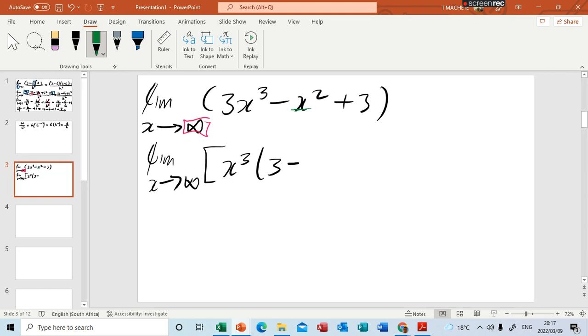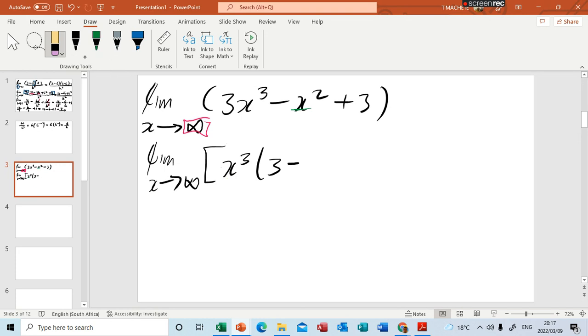The moment you factor out x cubed, you are saying everything must be multiplied by x cubed. When you multiply this x cubed with everything inside the bracket, it must take you back to this.